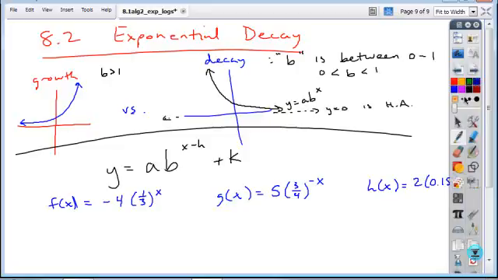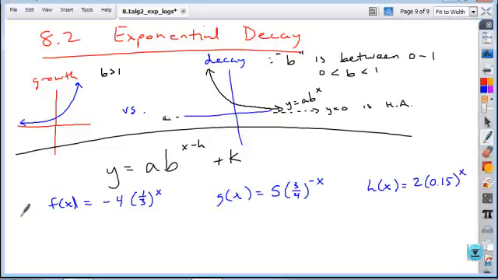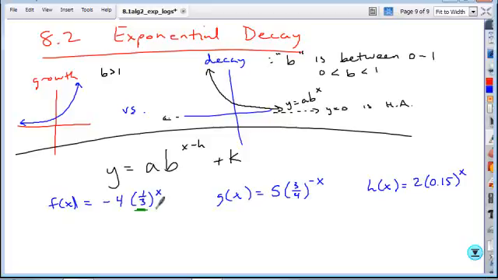What would this f of x be, growth or decay? I heard one decay. Decay. The base is a fraction less than 1, so we are looking at decay. Now, the negative out front is going to reflect it across the x-axis. There's no horizontal or vertical shifting, so all the transformations still take place, but it's a decay model.